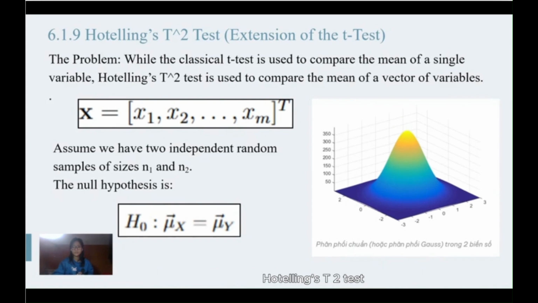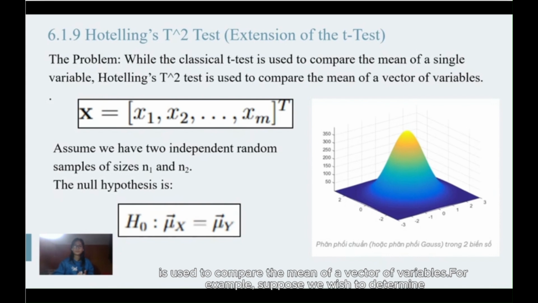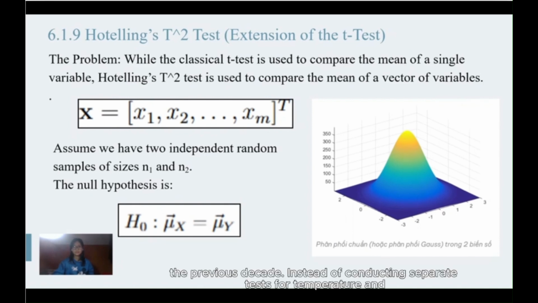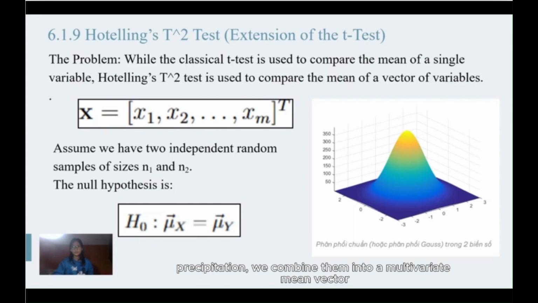The Hotelling T-squared test is used to compare the means of multiple variables, for example, to determine whether the climate of the current decade differs from the previous decade. Instead of concluding separately on temperature and precipitation, we combine them into a multivariate mean vector and test them simultaneously.